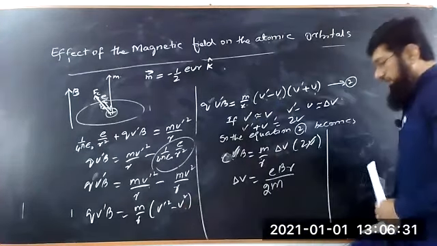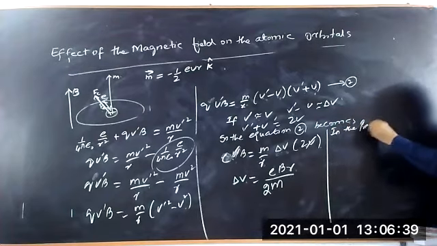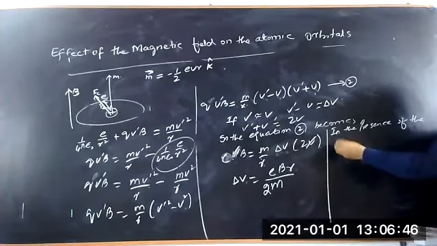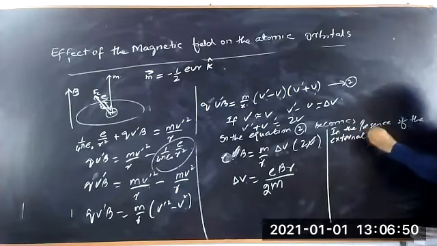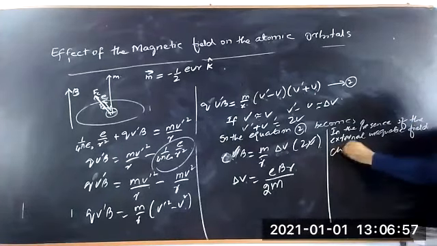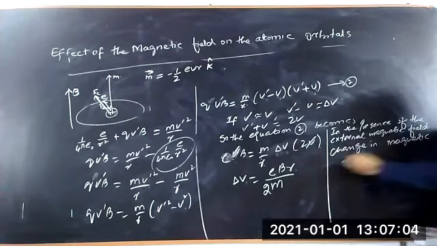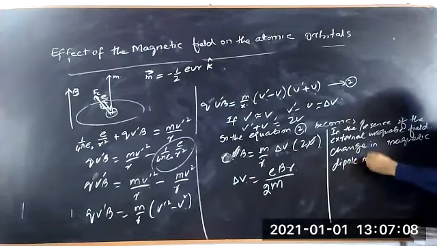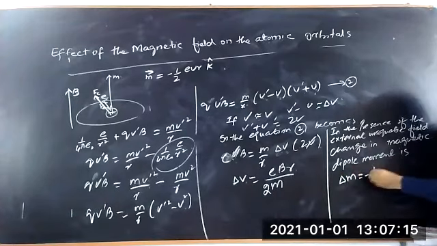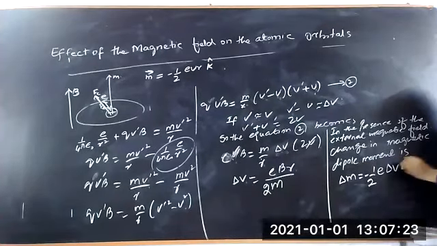So in the presence of the external magnetic field, the change in magnetic dipole moment is delta M, which is equal to minus 1 upon 2 e delta V R into the unit vector.